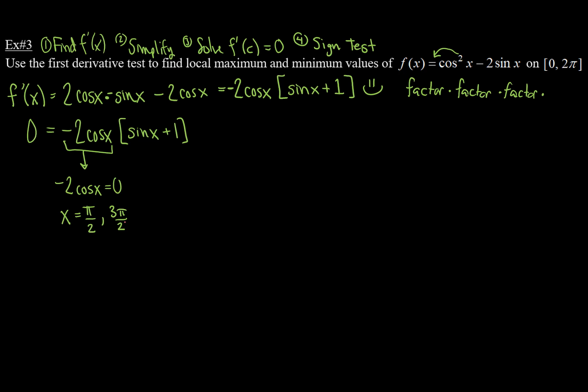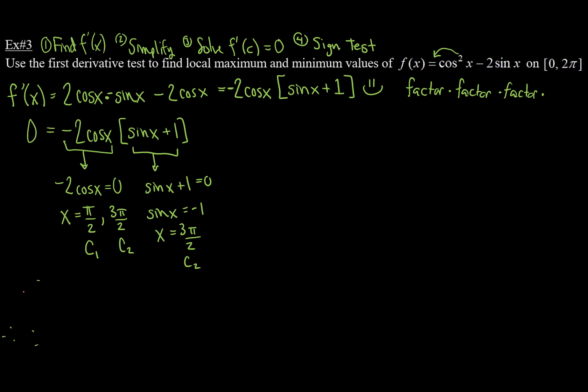And for the other one, I'm going to take sine of x plus 1 and set it equal to 0. I'm going to subtract 1 from both sides and solve for when sine of x is equal to -1. And sine of x is equal to -1 when x is equal to 3 pi over 2. So neat, notice I have some overlap here. I've got a critical number of pi over 2, and a second critical number of 3 pi over 2.